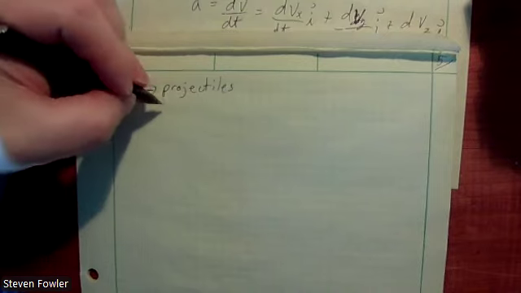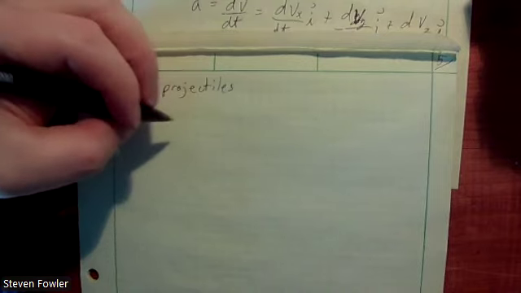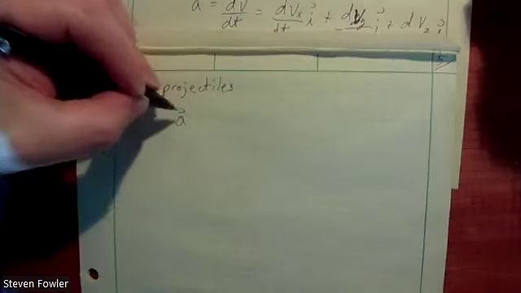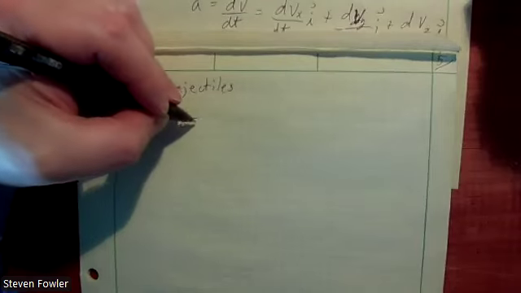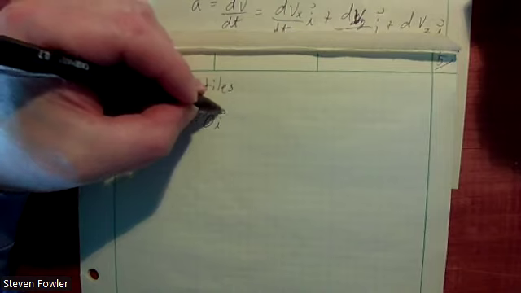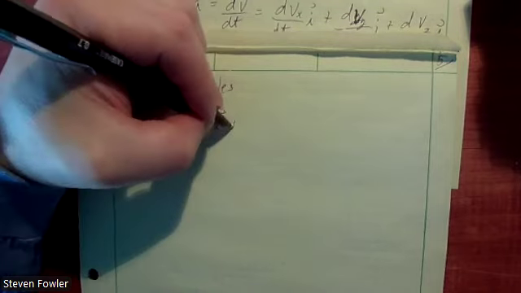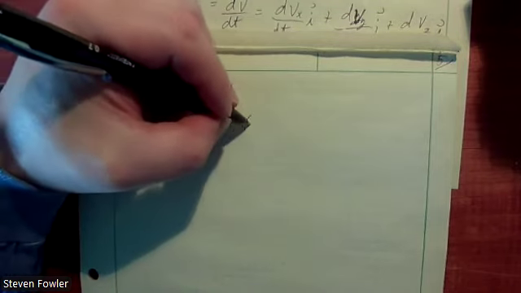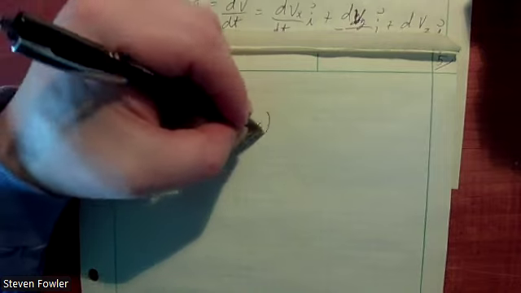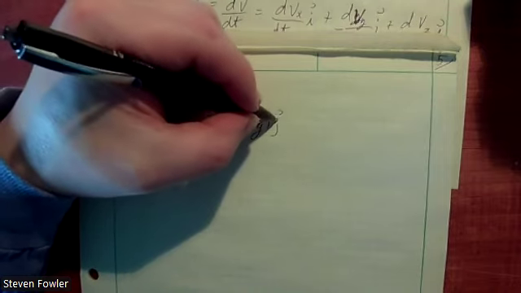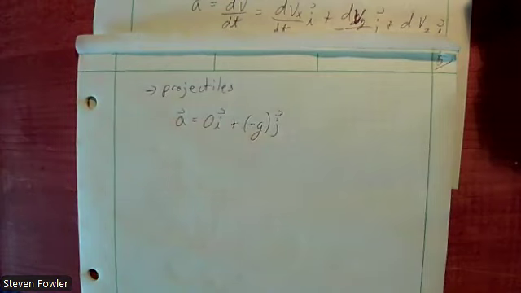Right? So projectiles, that is where your acceleration vector is equal to, there's no acceleration in the x direction, and it's a negative g in the j direction, or in the y direction.